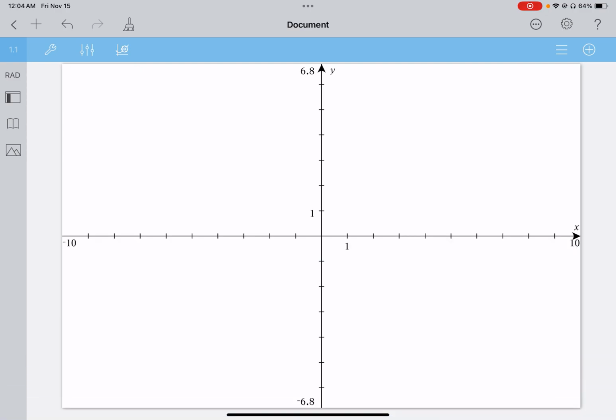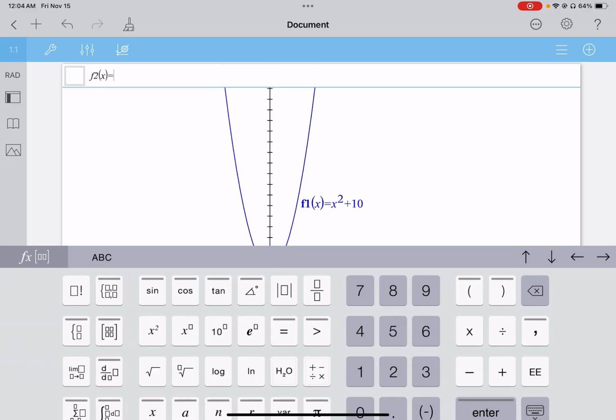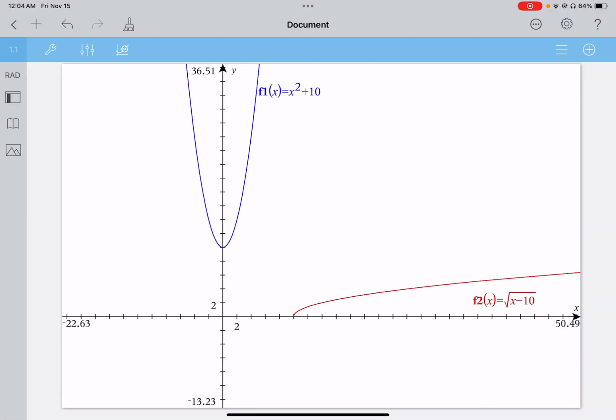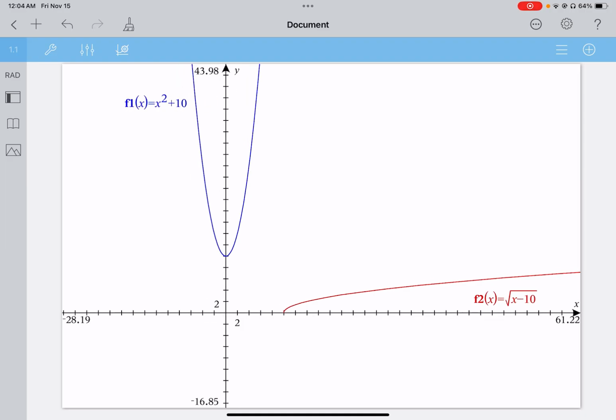Okay, there it is, x squared plus 10. And now I'm going to type the other one, which was the square root of x minus 10. Okay, now notice that they're similar, but they're not the same.